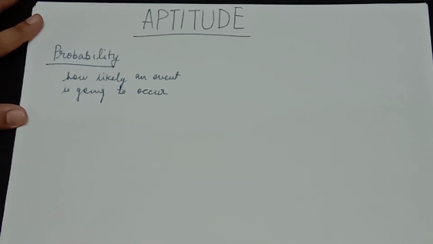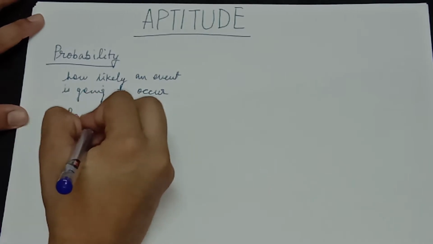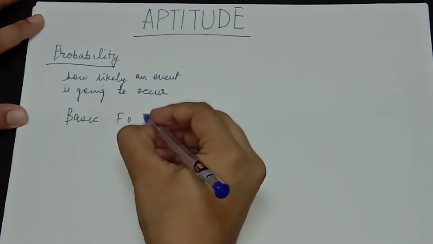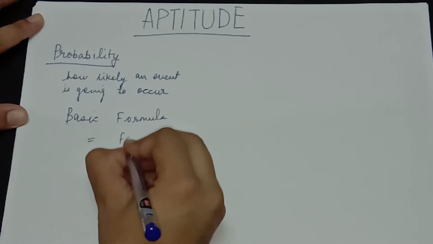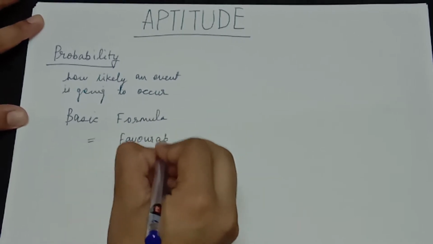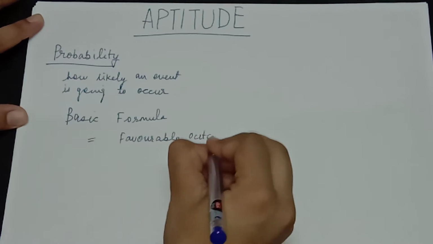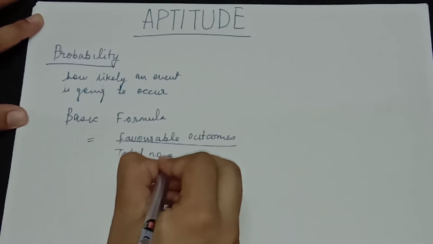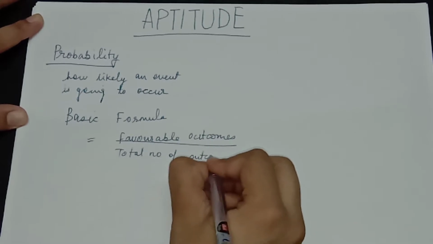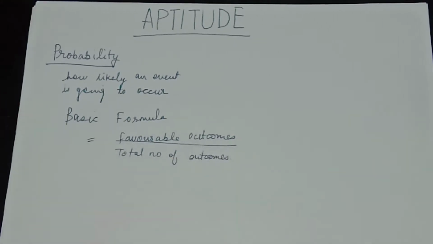If we talk about the basic formula, it will be the favorable outcomes upon total number of outcomes. In general, this is the formula which you have all studied from your primary classes.